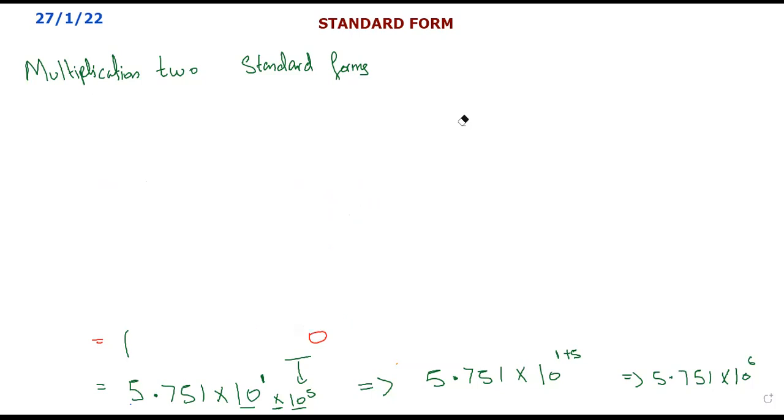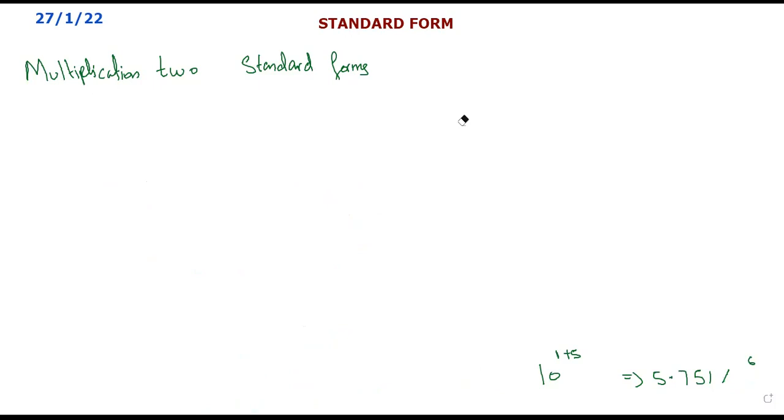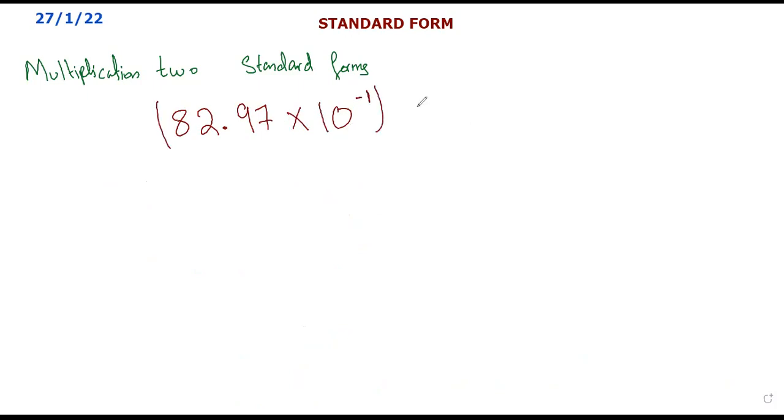Okay, let's rub this and just do the last example, and then we'll talk about the next chapter. In the last example, we have 82.97 multiplied by 10 to the power minus 1, multiplied by 29.4 into 10 to the power minus 3.